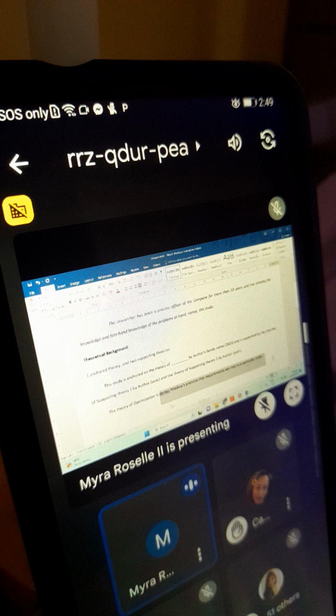For your anchor theory, this is the anchor theory, you need to have 2 to 3 paragraphs discussing your anchor theory.